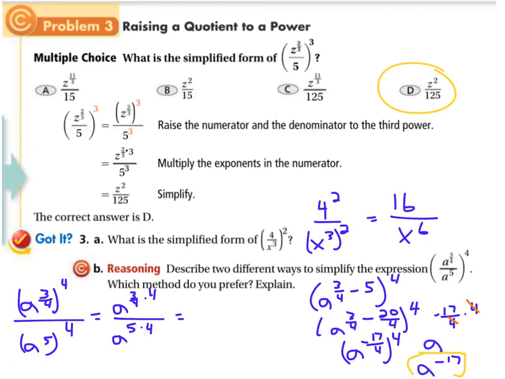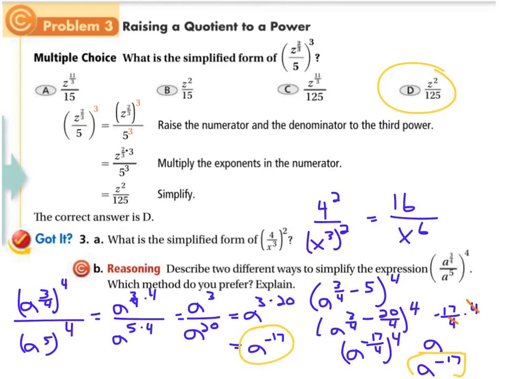And this becomes then a to the 3rd over a to the 20th. And when we're dividing, we subtract the exponents. We get a to the 3 minus 20, or a to the negative 17.